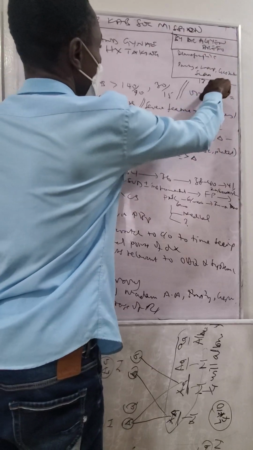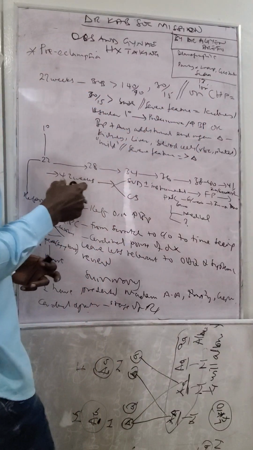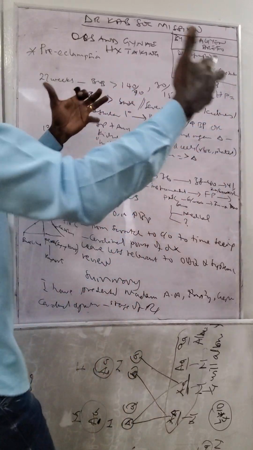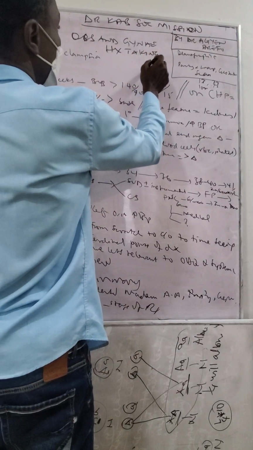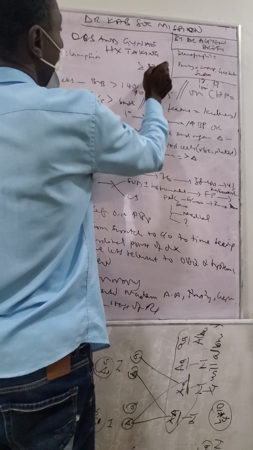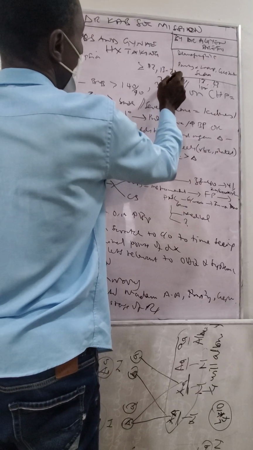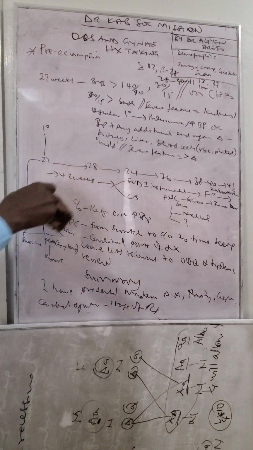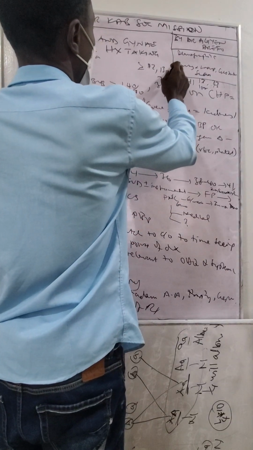Every 13 weeks is a trimester. We say up to 12 weeks, then 13 to 28, then from 28 to 40 or 41, which is our third trimester.